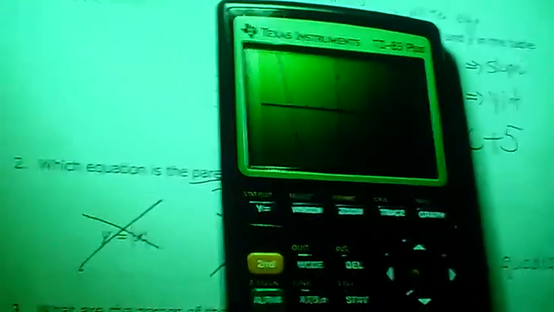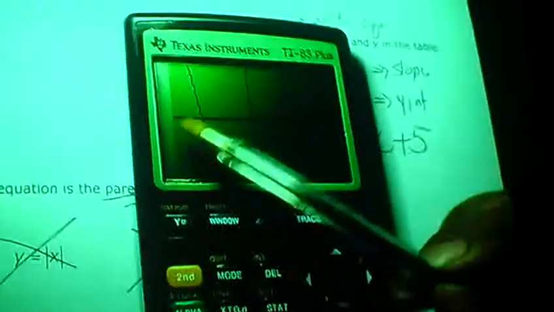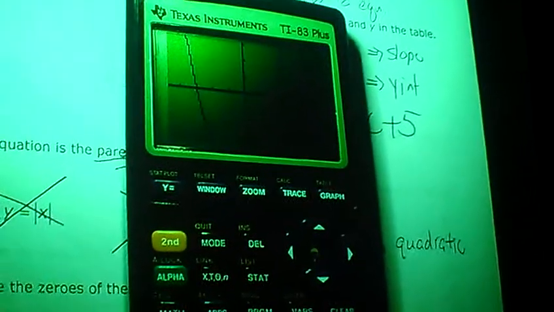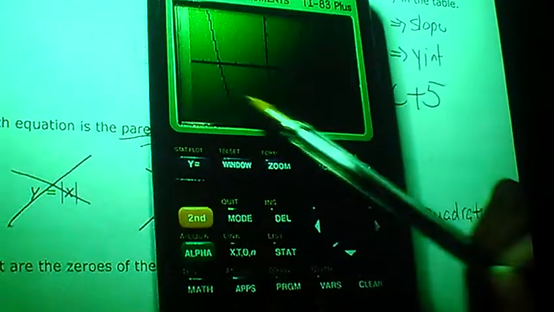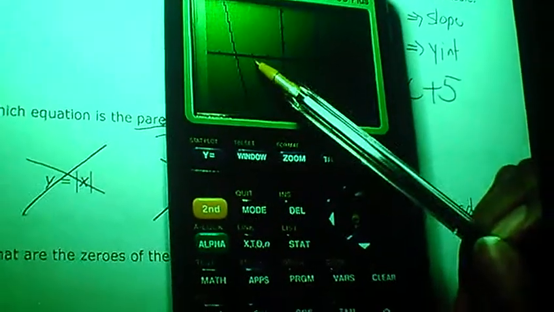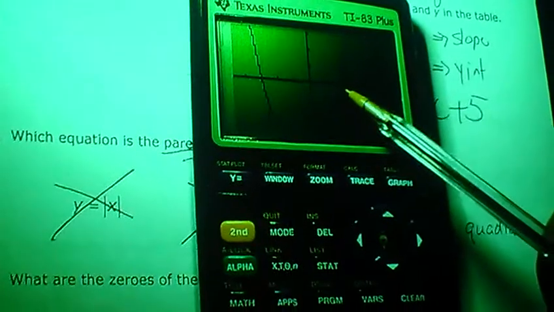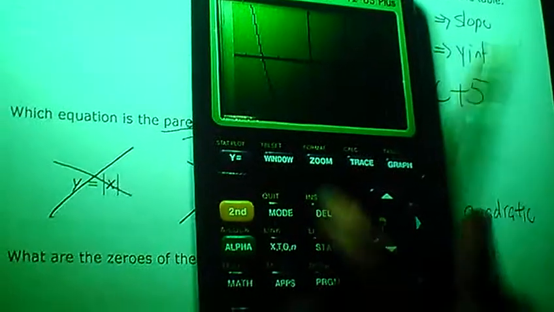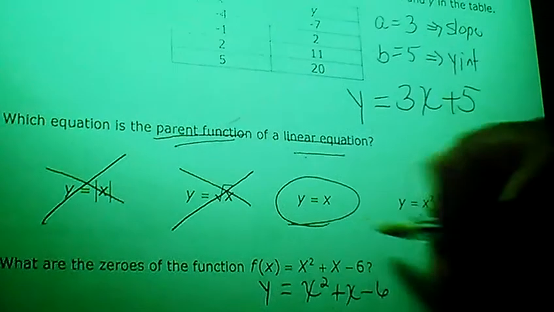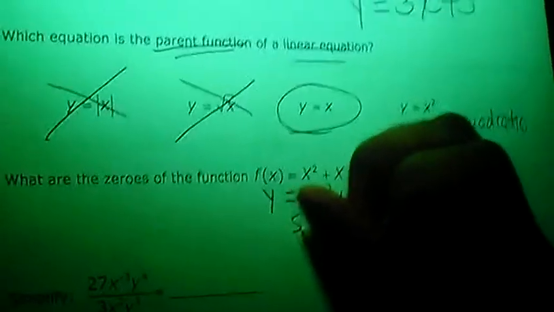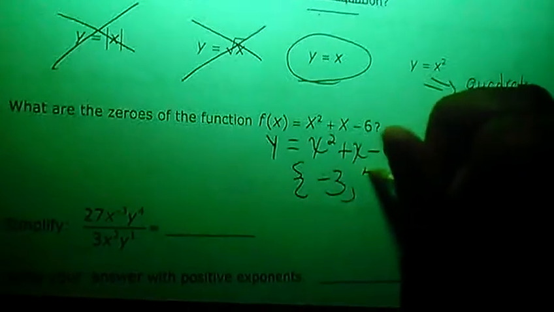The zoom 4 gives us our negative 4 to 4, negative 4 to 4 window. Now we can read our points. On the negative end, one zero is negative 3. On the positive end, our zero is positive 2. So our zeros then are negative 3, 0, and positive 2.